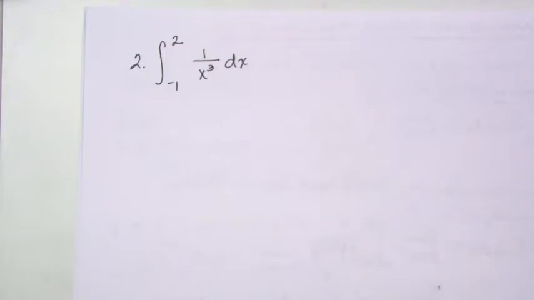If you just take a look at that thing, you might go ahead and do regular old integration from negative 1 to 2 without taking that 0 into consideration. So anytime that happens, I'm going to do something similar to the problems that we just did. I'm going to have to rewrite them as a limit.